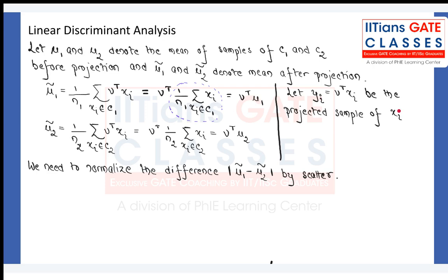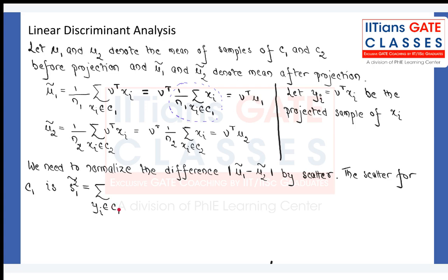Okay. So the scatter for C1 is S1 square tilde is equal to summation yi belongs to C1.